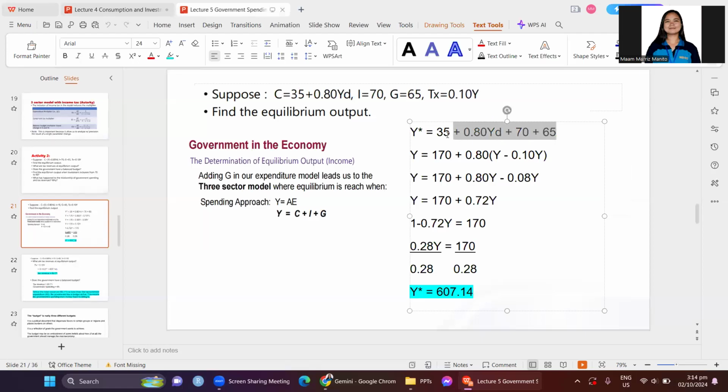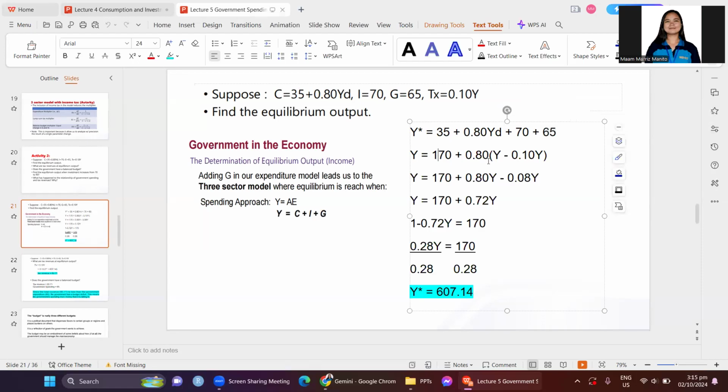We start with this line. The equilibrium output is equal to 35, which we got from this part, 35 plus 0.80 YD. Then we add the investment, which is 70, and then we add the 65 in this part, the government spending.